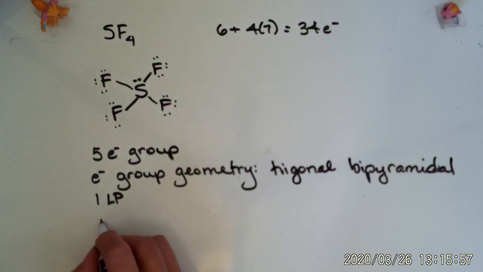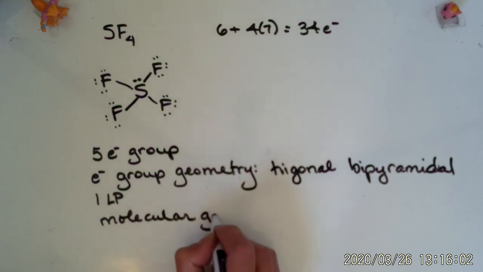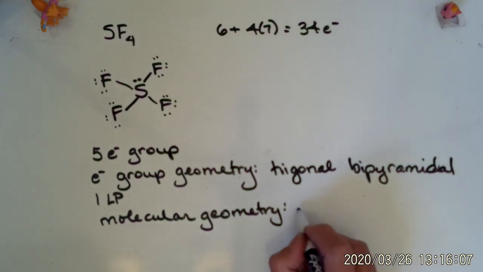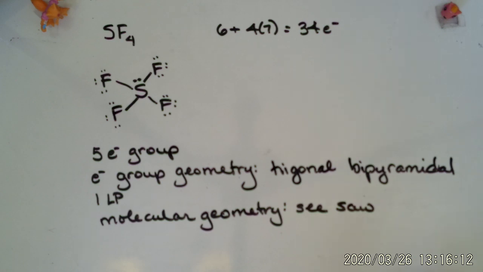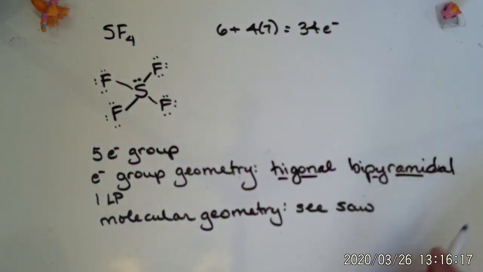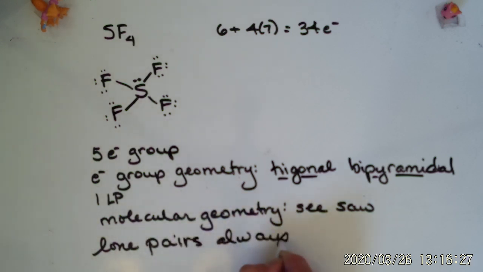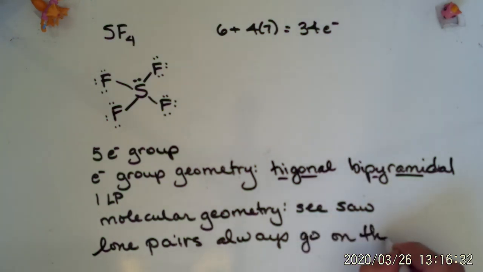That means my molecular geometry is seesaw. So let's take a quick look at this. When we're looking at trigonal bipyramidal, lone pairs always go on the equatorial plane.